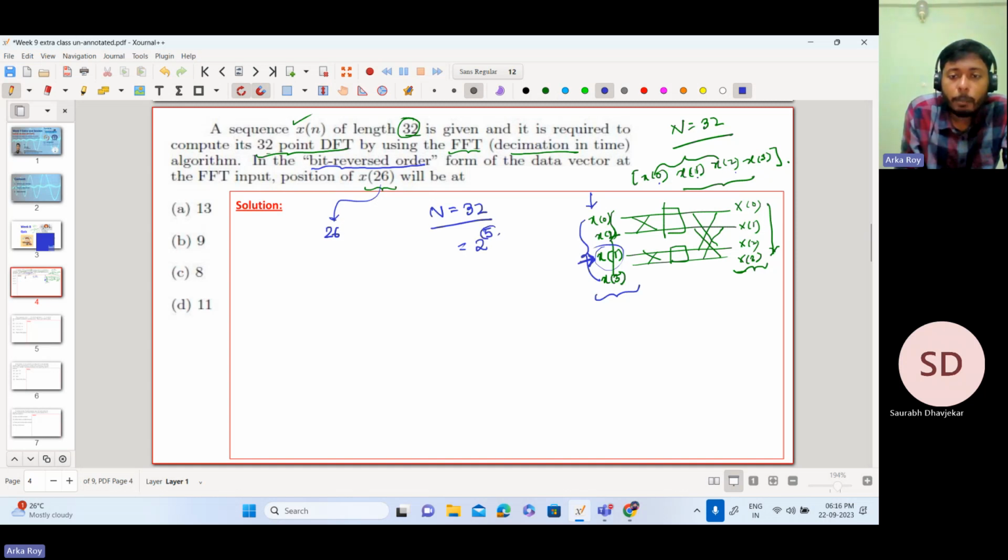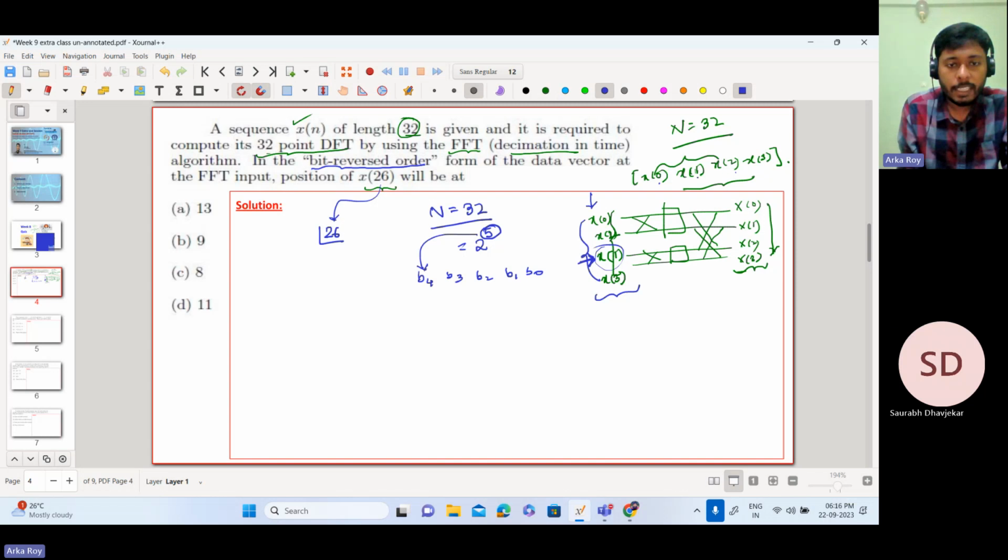So we need 5 bits to represent the positioning of the input sequence: B4, B3, B2, B1, and B0. We need the binary representation in this fashion, and then we'll see where the 26th sample will go.